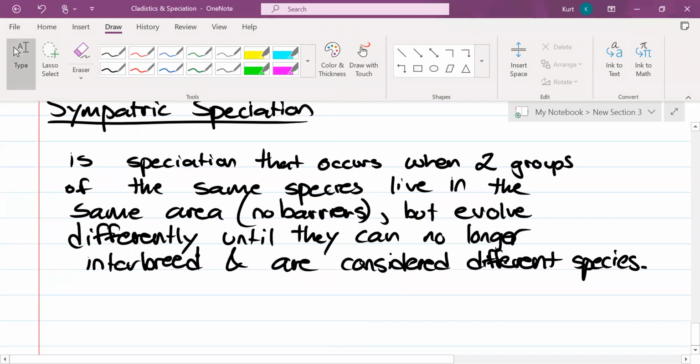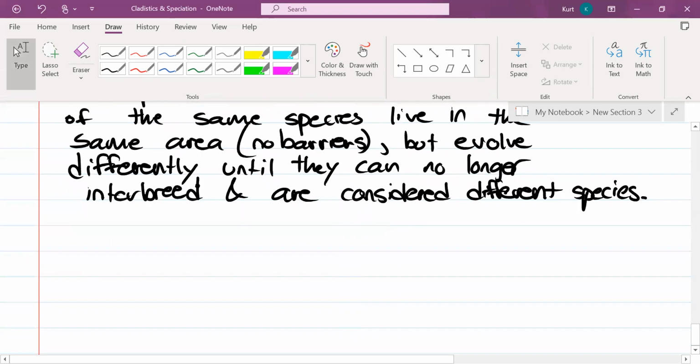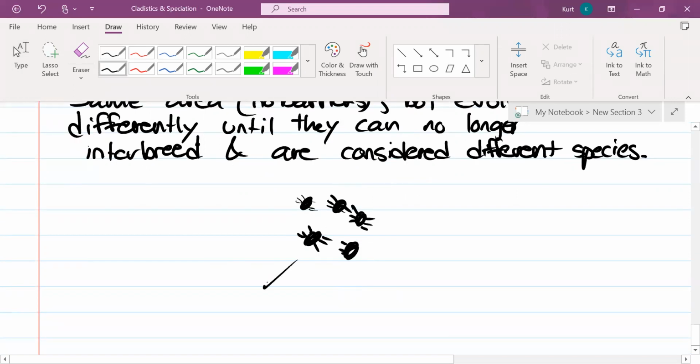All right, so they're in the same area, but they're going to evolve differently. Eventually, they're going to become new species. So let's say that we have some beetles, and over time, they're going to evolve into new types of beetles.